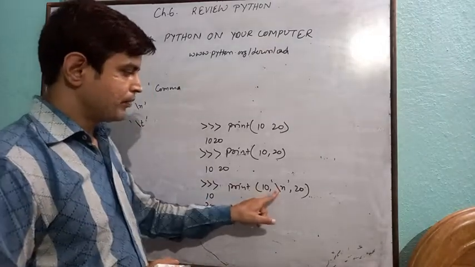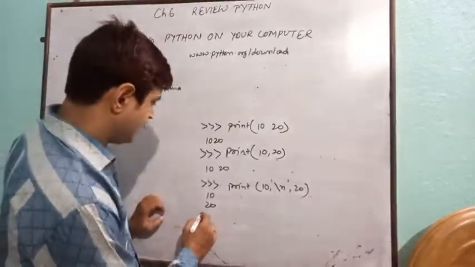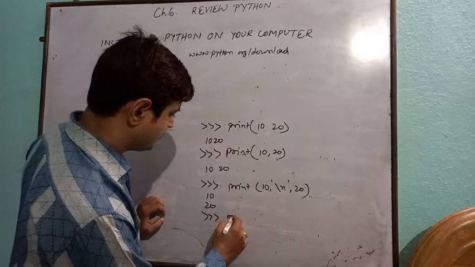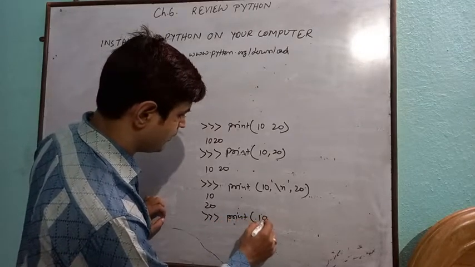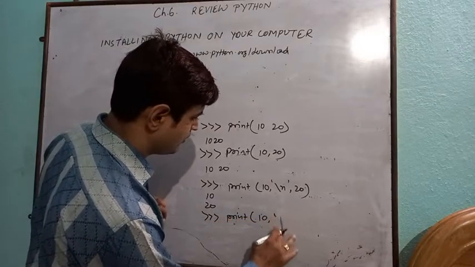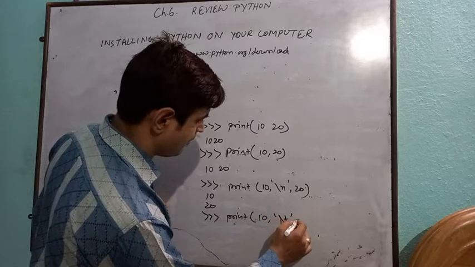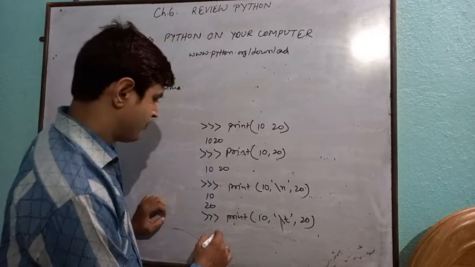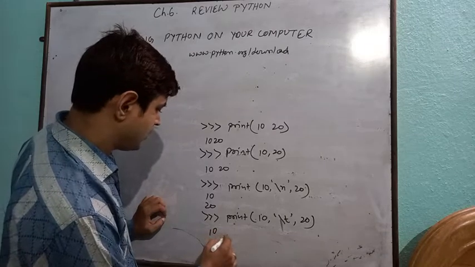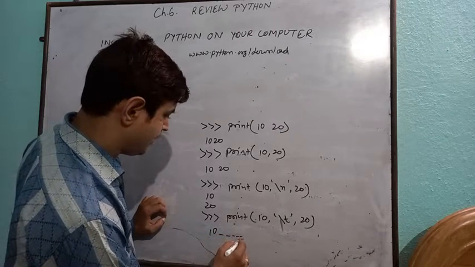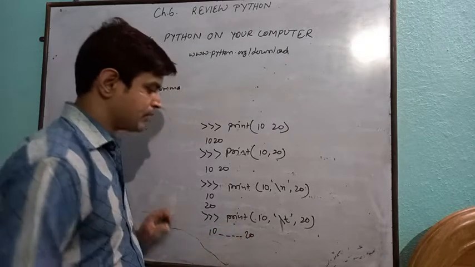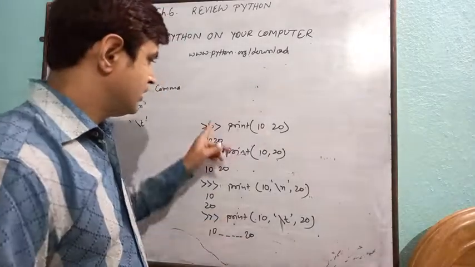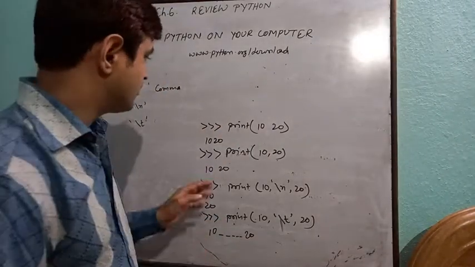This is how the /n separator works. And now print 10 tab 20. It will display the result like this. It will leave 5 blank spaces, then the next value will be printed. This is how the various separators work.